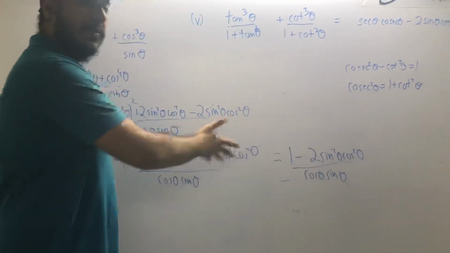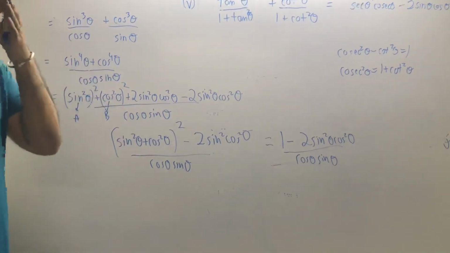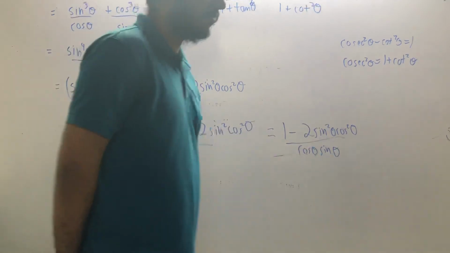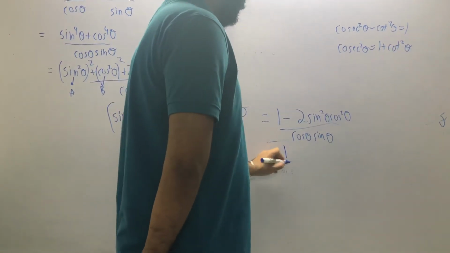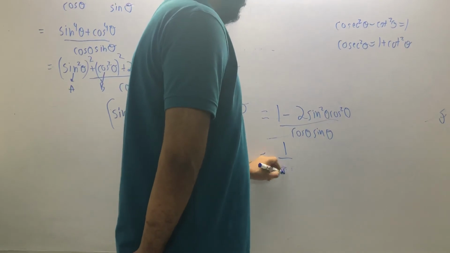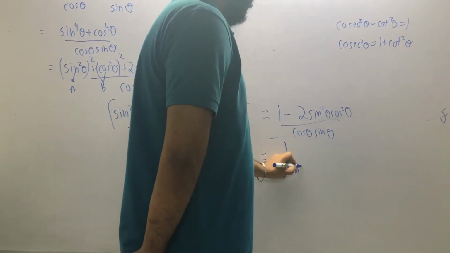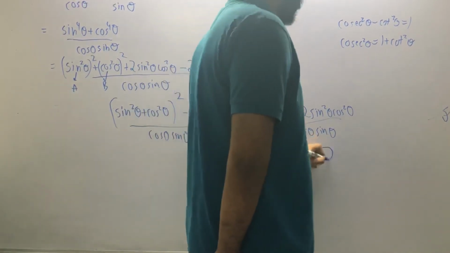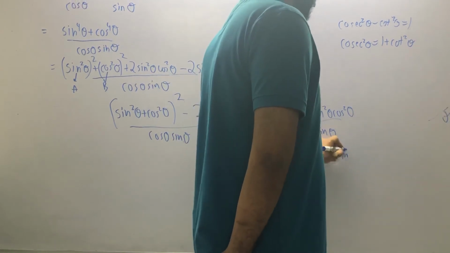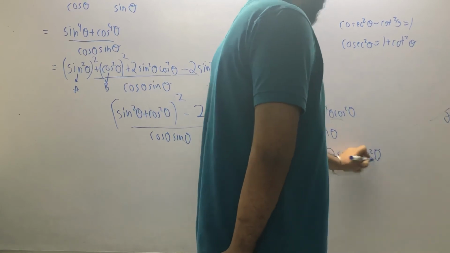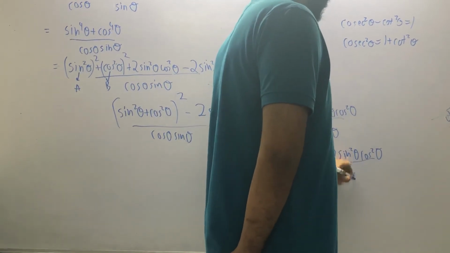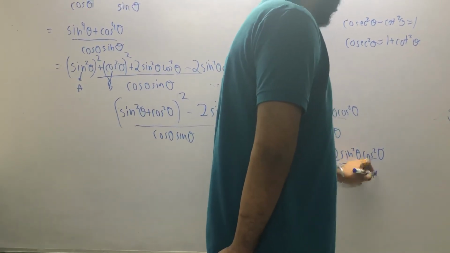Okay, now just open the bracket, division sign. So you can write here 1 upon cos theta sin theta minus 2 sin square theta cos square theta upon cos theta sin theta.